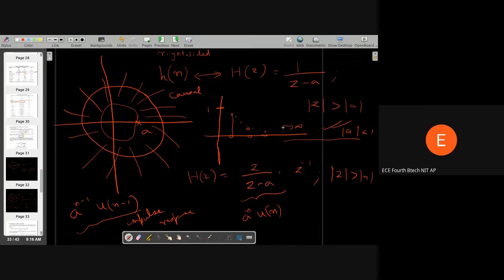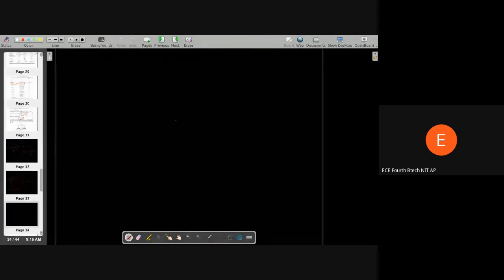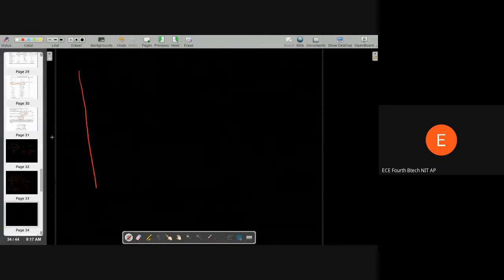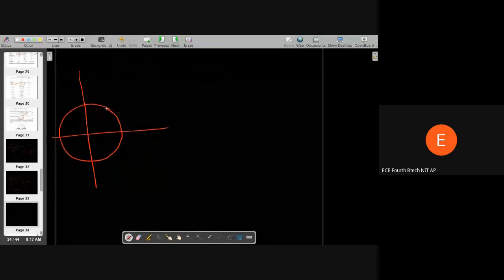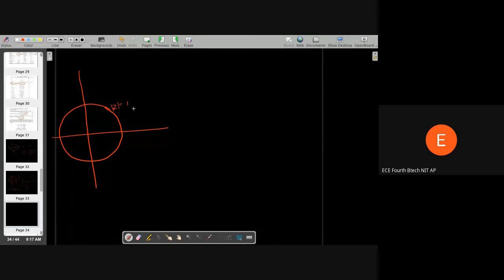Now let's come to resonators. So this is our unit circle, |z| equal to 1.